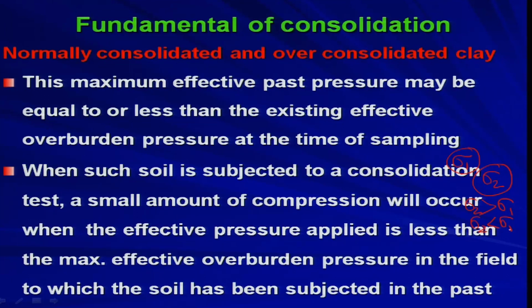So, please try to understand, when such soil, whatever soil we have discussed just now, that has got some previous history, is subjected to a consolidation test, a small amount of compression will occur when the effective pressure applied is less than the maximum effective overburden pressure. That means, if this condition sigma 2 less than sigma 1 is existing, then the soil has been subjected to it in the past.